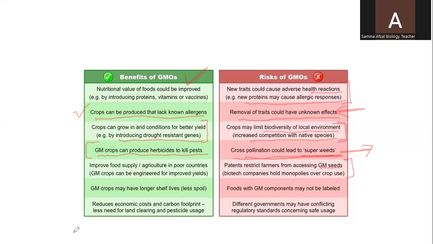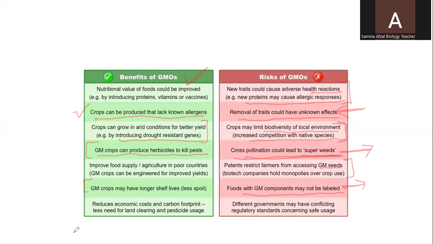Genetically modified crops may have longer shelf lives. They are not damaged after some time, because they are resistant to different types of microorganisms. So they have a long shelf life, but foods with genetically modified components may not be labeled. Sometimes when we manufacture the different types of crops by this method, they are not labeled.